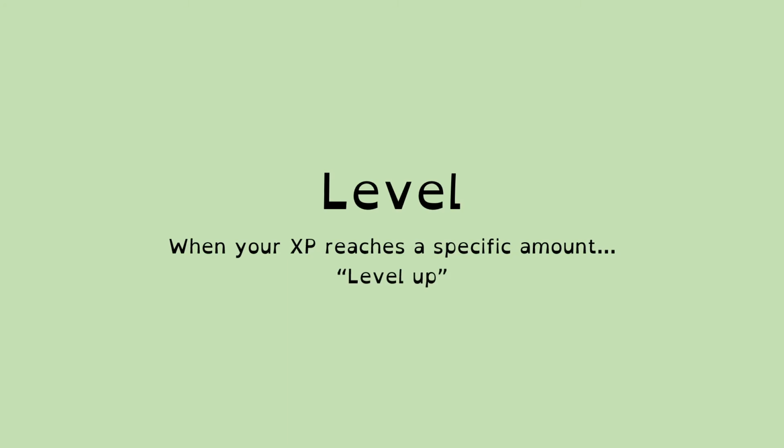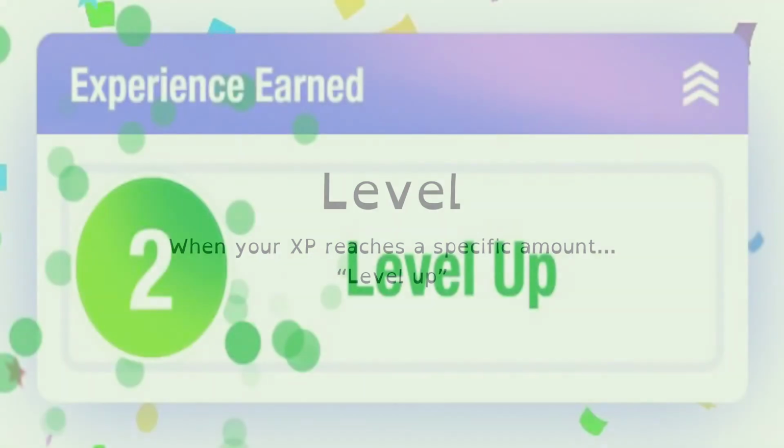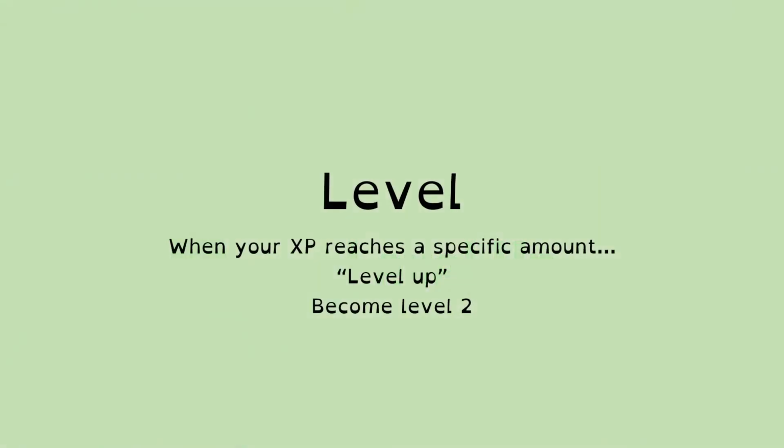And these XP points go towards determining what level your character is that you're playing. So you start at level 1 at the start of the game. When your XP reaches a specific amount, you level up, which means you go up to level 2.